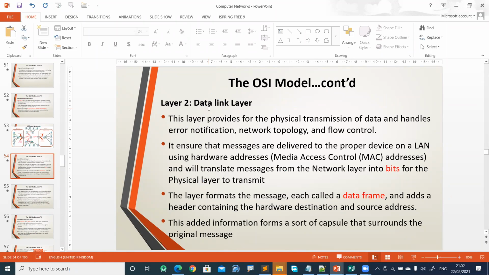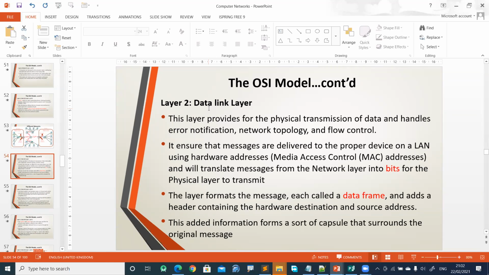This layer provides for the physical transmission of data and handles error notification, network topology, and flow control. The other thing it does is ensure that messages are delivered to the proper device on the local area network.